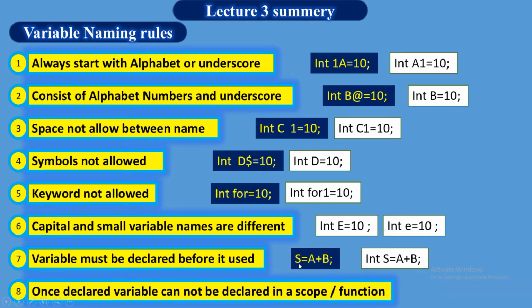Suppose we want to calculate the sum of two numbers a and b, s is equal to a plus b, then we must declare s before we use it. So int s is equal to a plus b. The next rule is that once declared, a variable cannot be declared in a scope or a function twice.